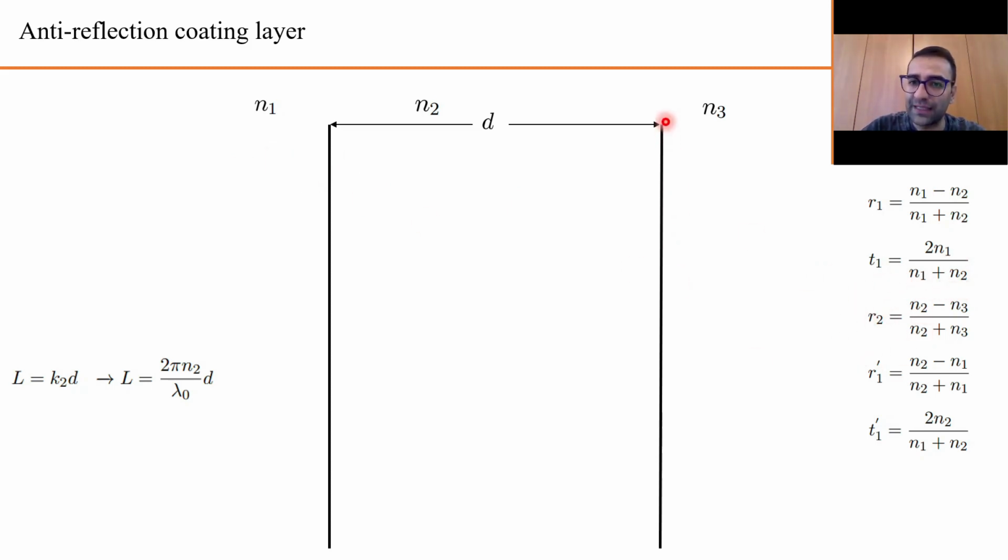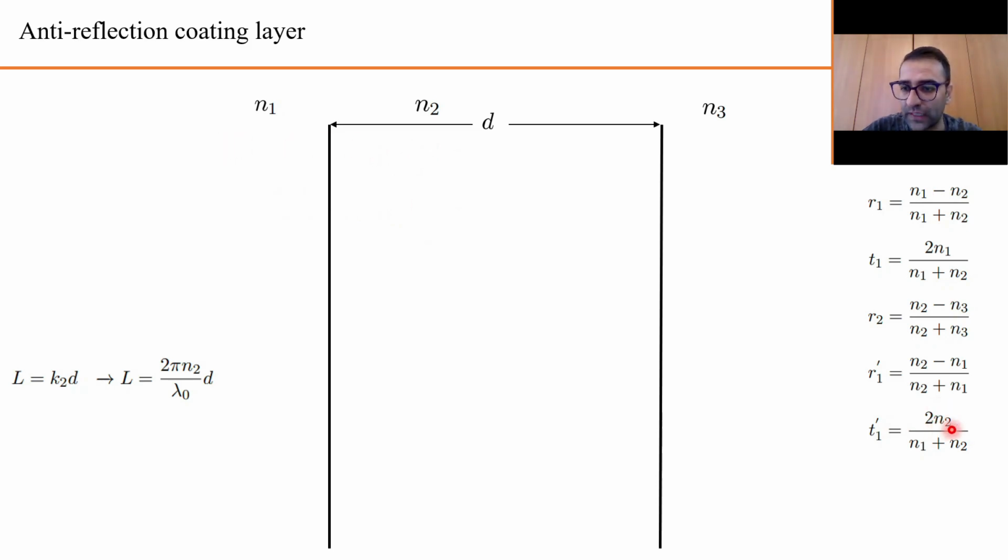The Fresnel coefficient for interface 2, when the wave comes from layer 2 and is reflected from this interface, will be (N2 minus N3) divided by (N2 plus N3), and r prime 1 indeed is the Fresnel coefficient for this interface when light comes from medium 2 and is reflected from this interface. And t prime 1 indeed is the Fresnel coefficient for the transmitted wave when light is transmitted from this medium to this medium.